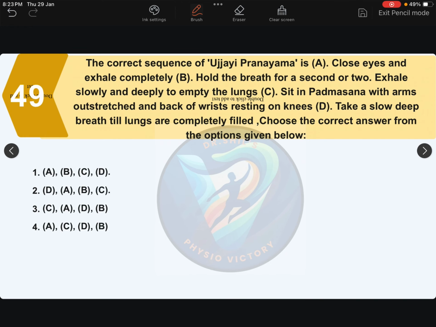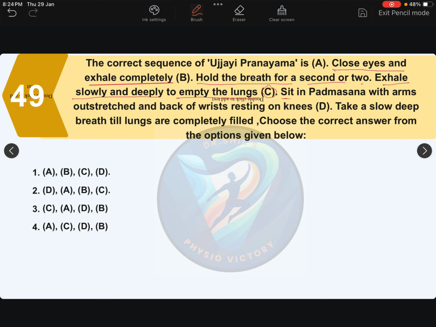Next, come to question number 49. The correct sequence of Ujjayi Pranayam is: A. Close eyes and exhale completely. B. Hold the breath for a second or two, then exhale slowly and deeply to empty the lung.